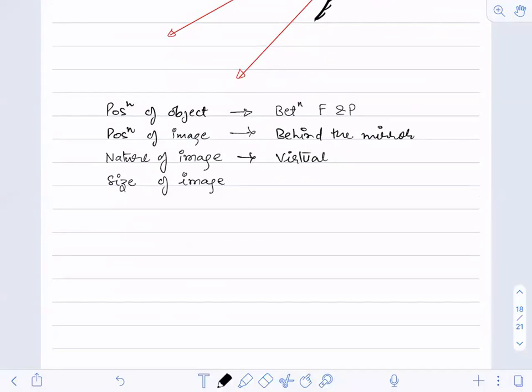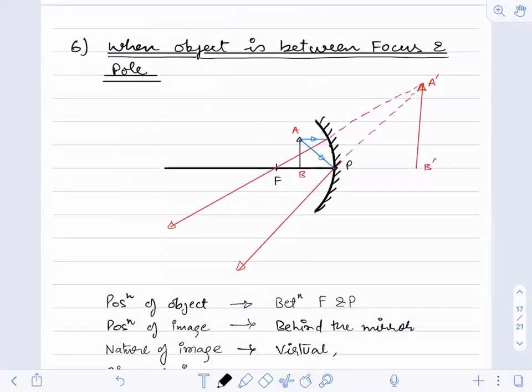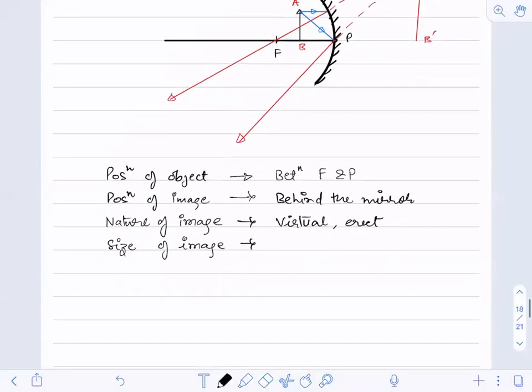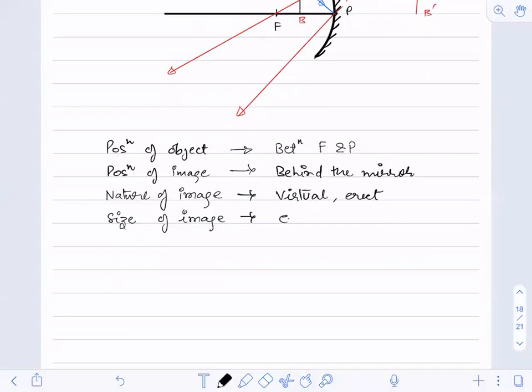They appear to be coming from behind. Is it inverted or erect? Just check whether the image formed is erect or inverted. It is an erect image. Now size of the image. Is it enlarged? Yes, it is enlarged.